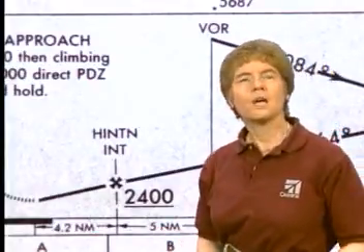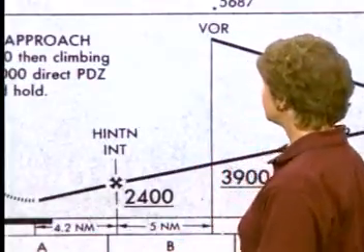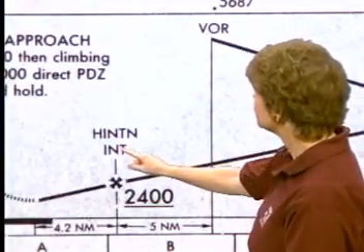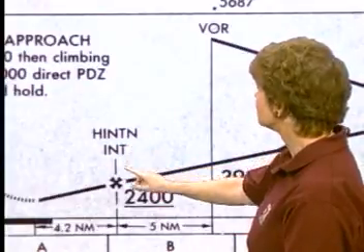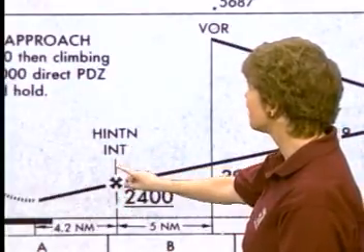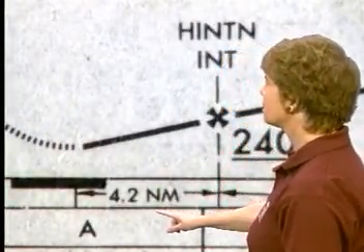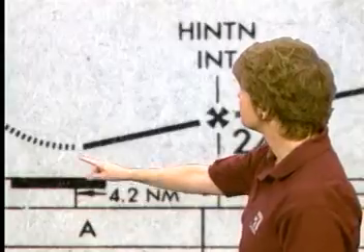That tells you that it is 5 nautical miles from the VOR to the next fix, in this case Hinton intersection, which is the final approach fix as shown by the Maltese cross. Then, from Hinton, it is 4.2 nautical miles to the missed approach point.